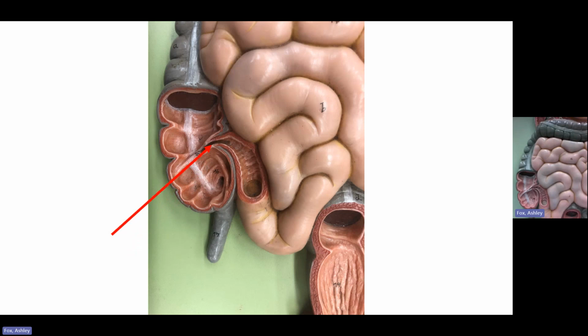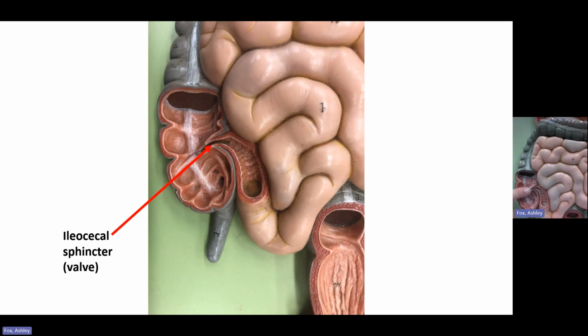That is your ileocecal sphincter or valve. You can name it either way, sphincter or valve, because it's the same thing. It's the transition from the small intestine to the large intestine. So we're controlling how much comes into the large intestine until it's ready, and that's this narrowing sphincter right here.